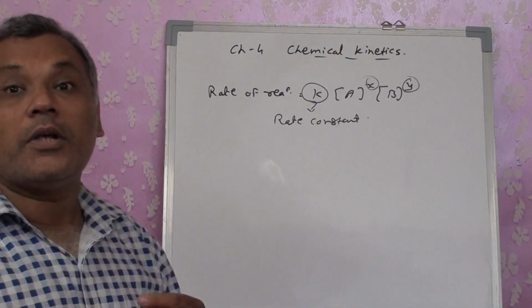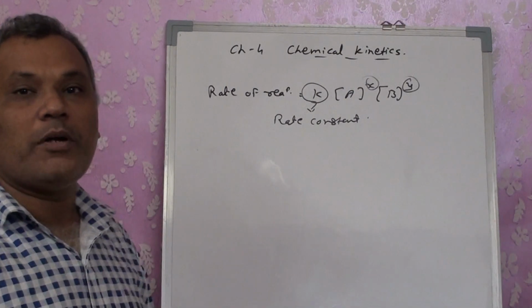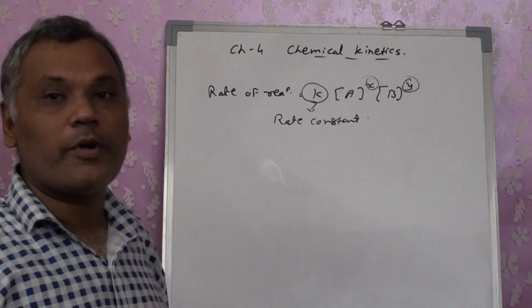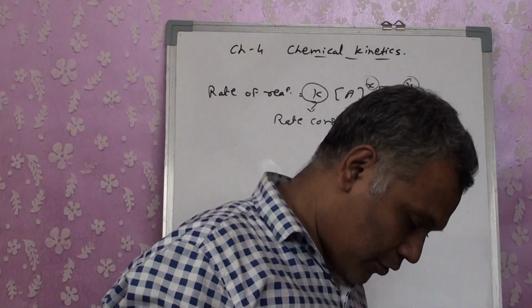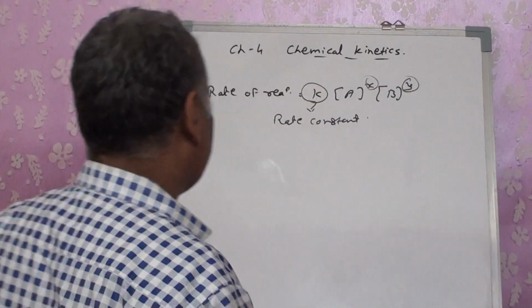It may be the same by chance, but you can't say that X and Y are the stoichiometric coefficients here. Till now, in the chapter of equilibrium, you have taken X and Y as stoichiometric coefficients. But here they are orders of reaction.